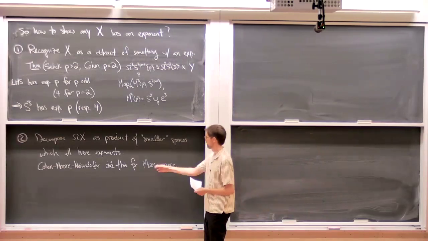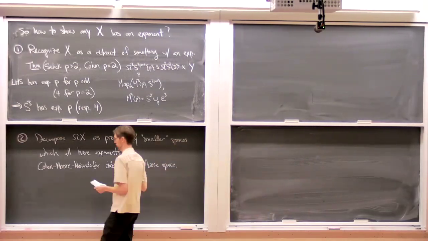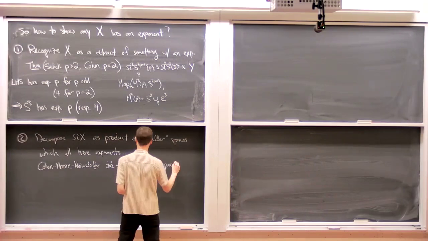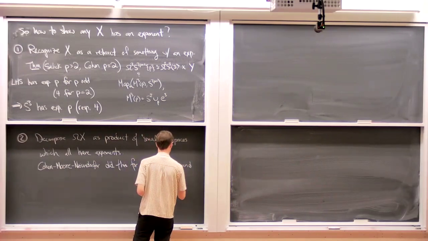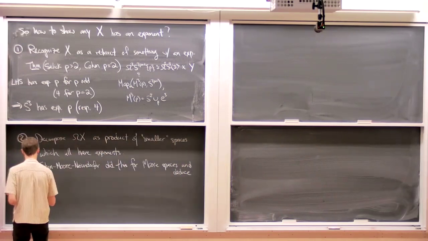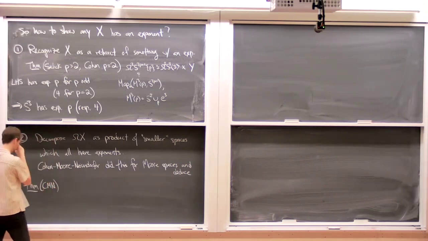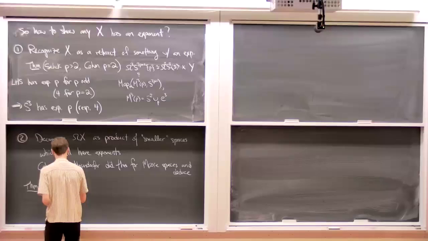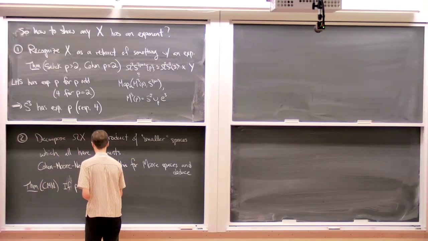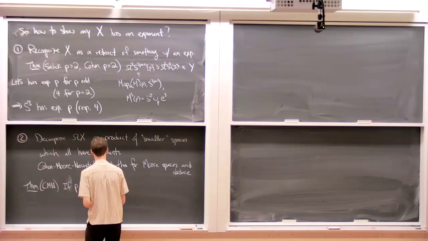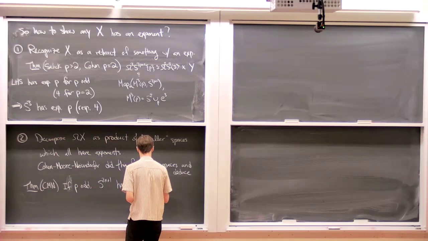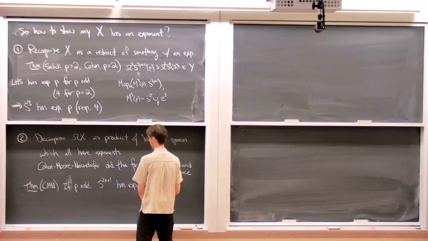And using that, they actually got explicit exponents for Moore spaces, but even better, they deduced the famous Cohen-Moore-Neisendorfer exponent theorem, which generalizes that previous result to say that if P is odd, then S^(2n+1) has exponent exactly P to the n.